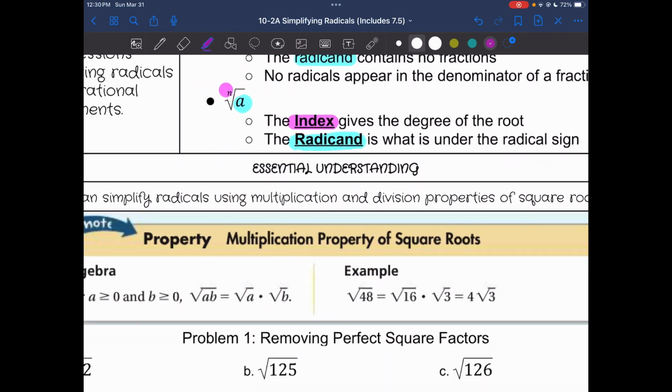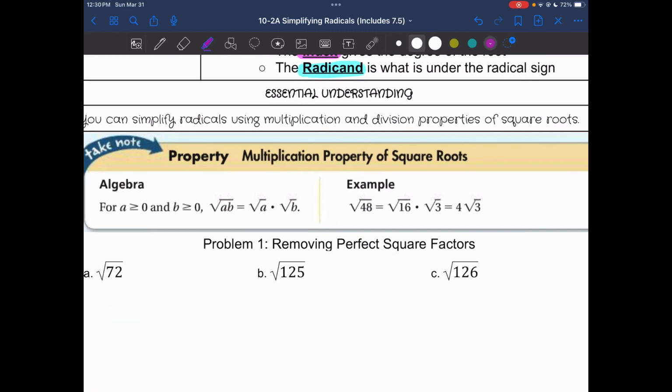Now, we have the multiplication property of square roots. The rule is, for a greater than or equal to 0 and b greater than or equal to 0, the square root of a times b is equal to the square root of a times the square root of b. So what this says is we can break square roots down into pieces and simplify the pieces as we can.